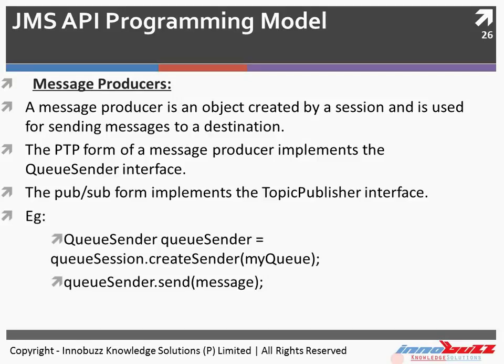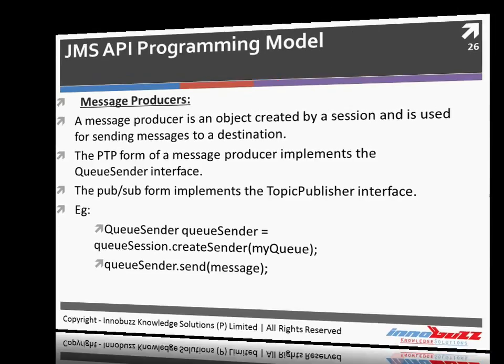This is how you send a message once you have the session instance. This is the example of a queue sender. In the same way for a topic publisher, you create the publisher instance and then send the message accordingly.